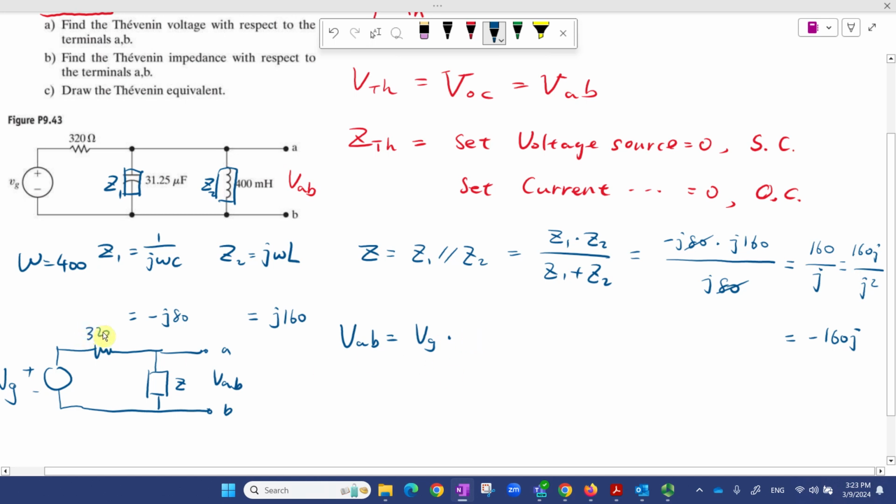This is 160 and this is negative j160. So VAB equals VG times Z over R plus Z. That becomes VG multiplied by negative 160j over 320 minus 160j.